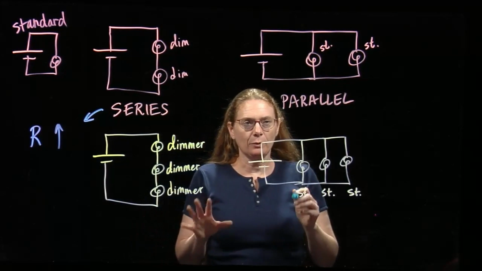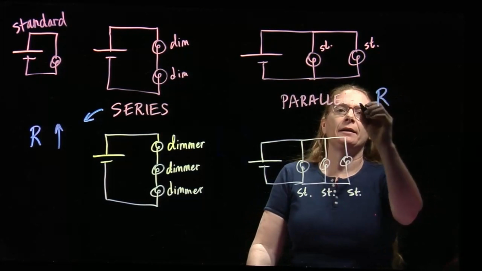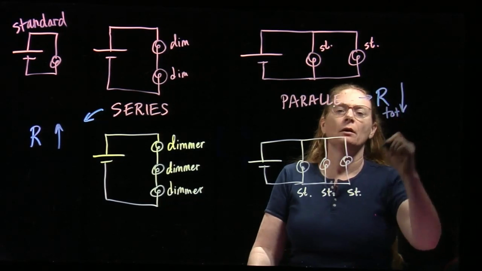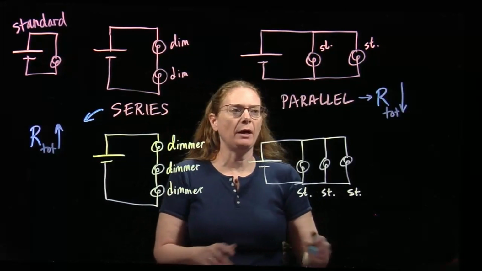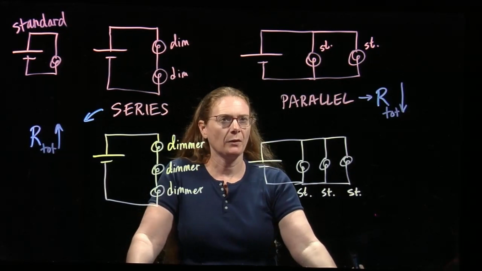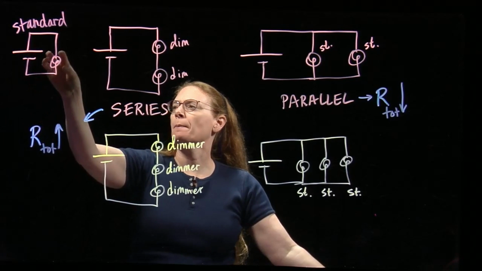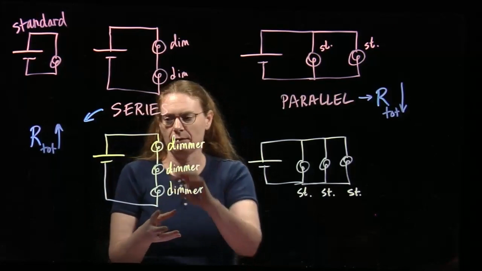And here's the really weird thing. What we find out is that in parallel, the total resistance actually goes down. The battery says, okay, there's a certain amount of resistance, more resistance, even more resistance.